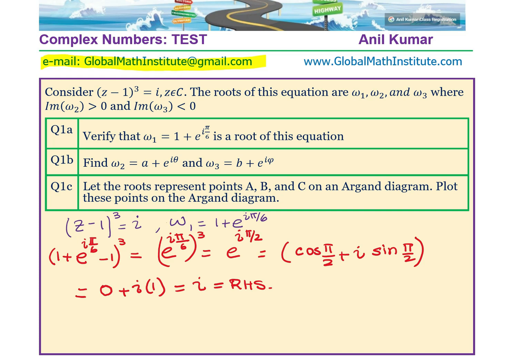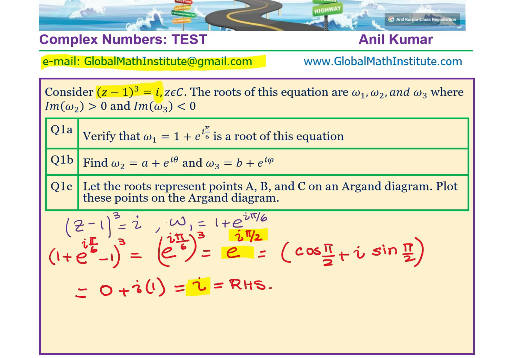Let's move on to part B to find what are the other roots, right? It's a cubic equation. We are expecting three roots. So before we move forward, one thing which you should also notice is that e^(iπ/2) is equal to i, right? And the equation given to us is (z - 1)^3 = i.